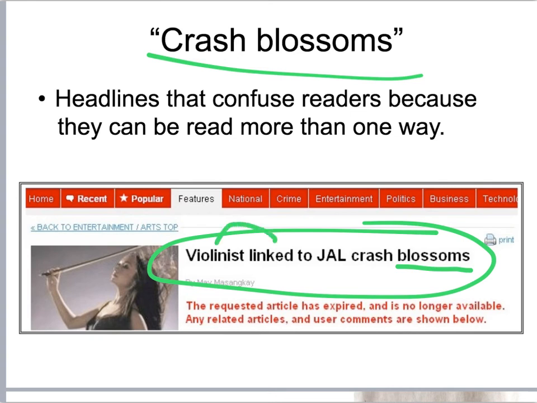This is just who the violinist is, but people read it as the violinist is linked to JAL crash blossoms. And people were like, what is a crash blossom? They did not understand that, because a blossom can be a verb or it can be a noun. And so that's how this name for this kind of headline came about, from this very headline right here.